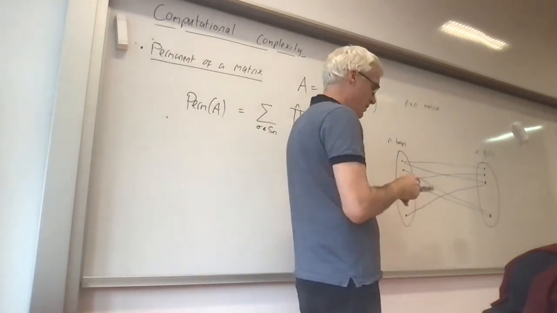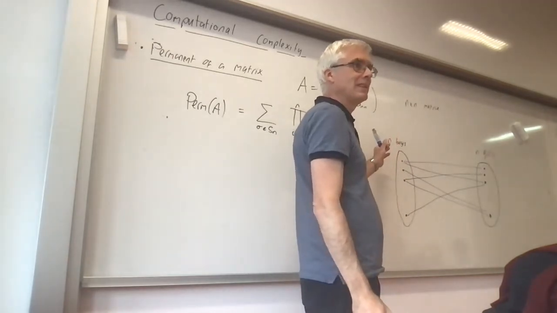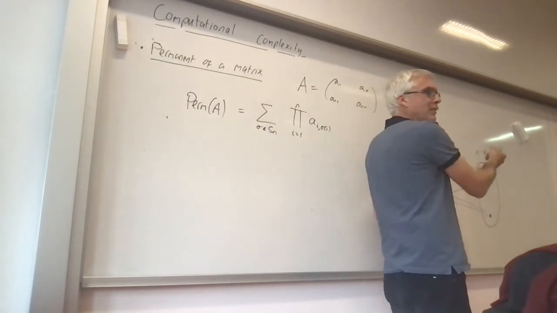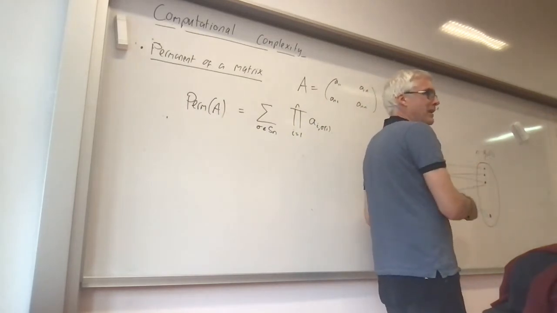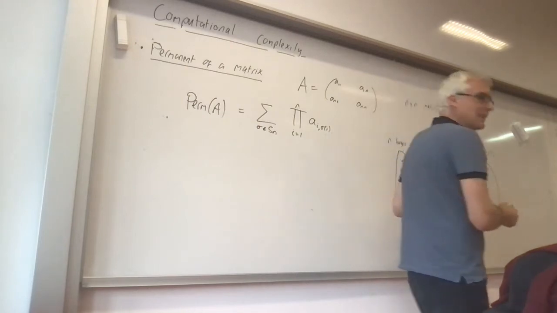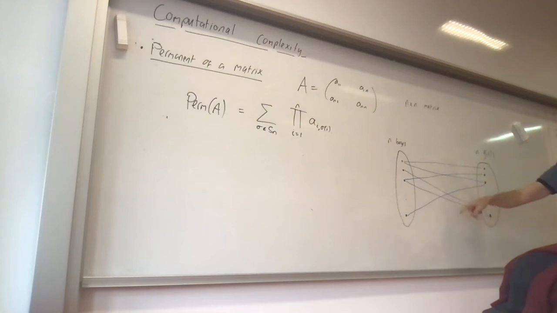In this situation, there's something called a perfect matching, which is a pairing of boys with girls, so that every boy is paired with exactly one girl and every girl is paired with exactly one boy. A bijection, an explicit bijection between the n girls and the n boys, so that they all tolerate each other, or all like each other.